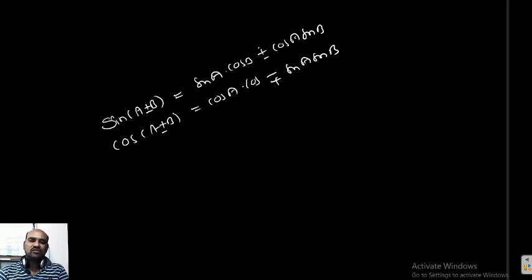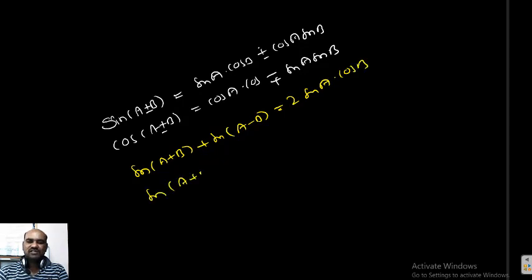After that I derived some more results. One of them is sin of a plus b plus sin of a minus b equal to 2 sin a cos b. And sin of a plus b minus sin of a minus b is derived as 2 cos a sin b.